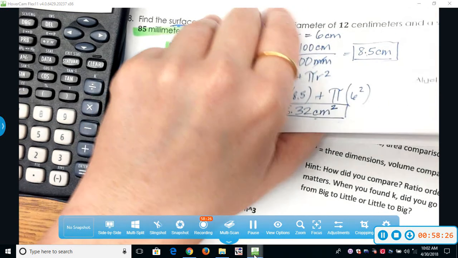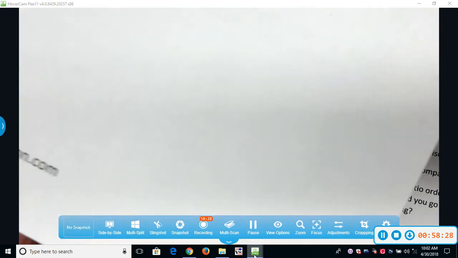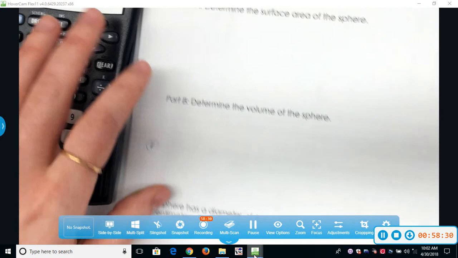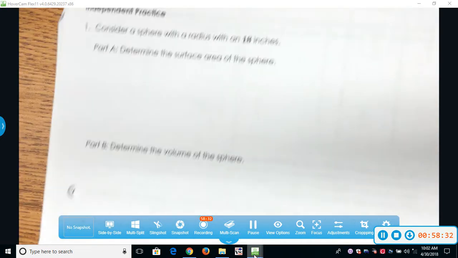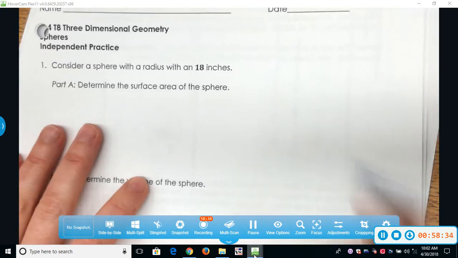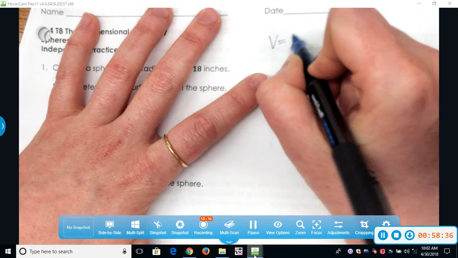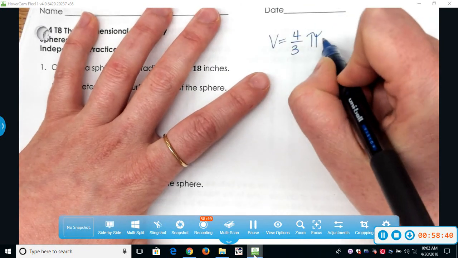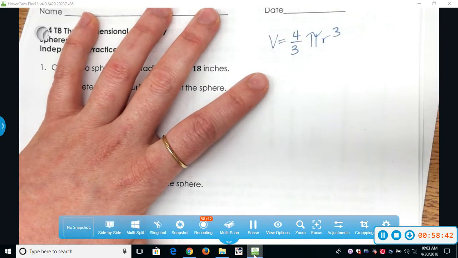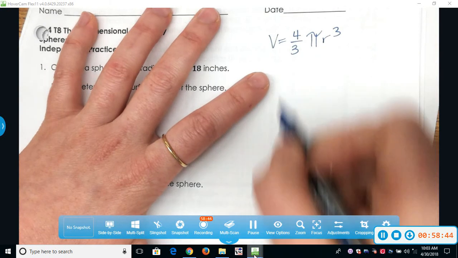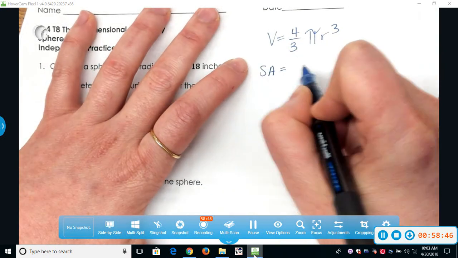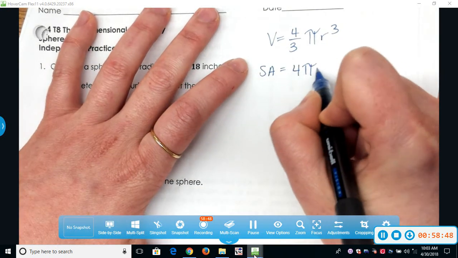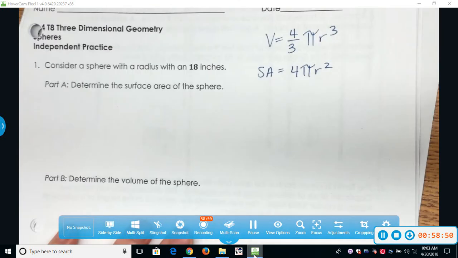All right, moving along. Crushing it. You have this sphere one. They give you this sphere volume formula on the FSA. They do not give you surface area, 4 pi r squared.